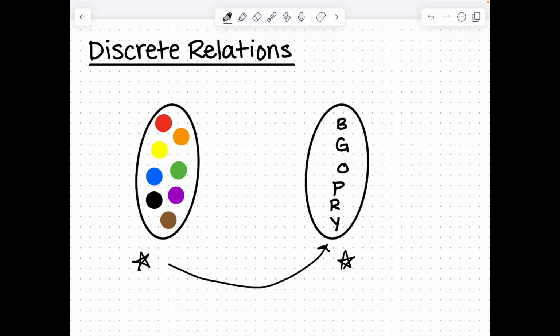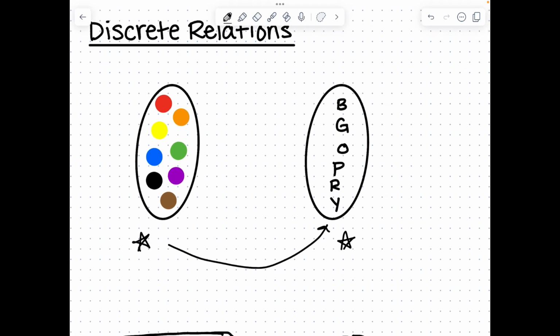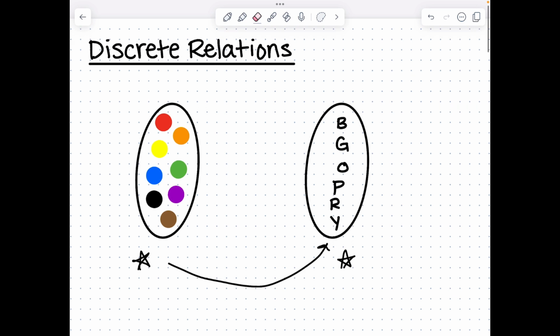Now, this relation I'm showing here, I apologize, is not a good example if you are colorblind, because on this left side I have a bunch of colored dots. But my relation here, how we get from colored dots to letters, is the first letter of the color name. So we start with a color, like red.